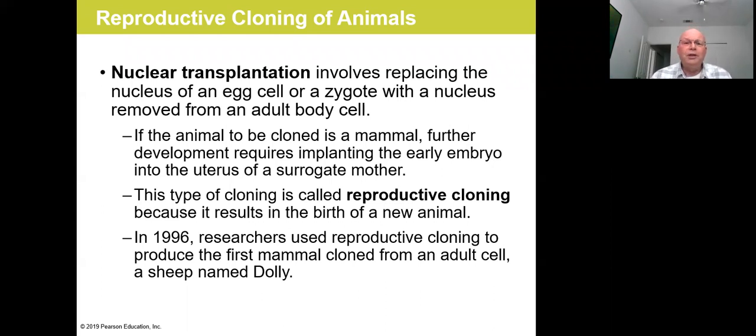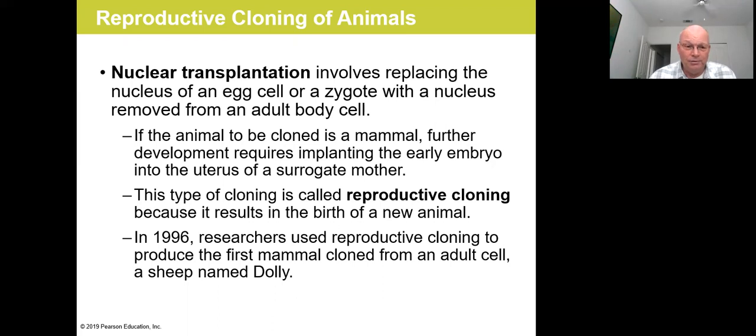So one of the issues that we know is associated with cloning is that an individual's DNA has an age attached to it. And when you clone an organism using the DNA from another organism, the clone has a genetic age the same as the donor organism.